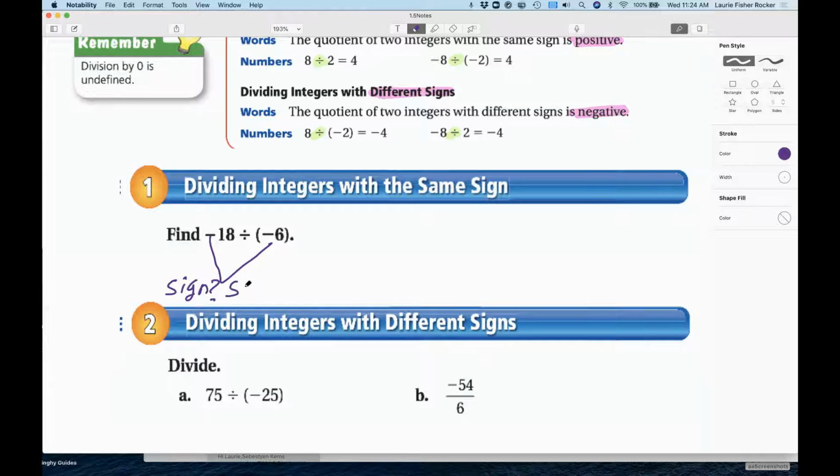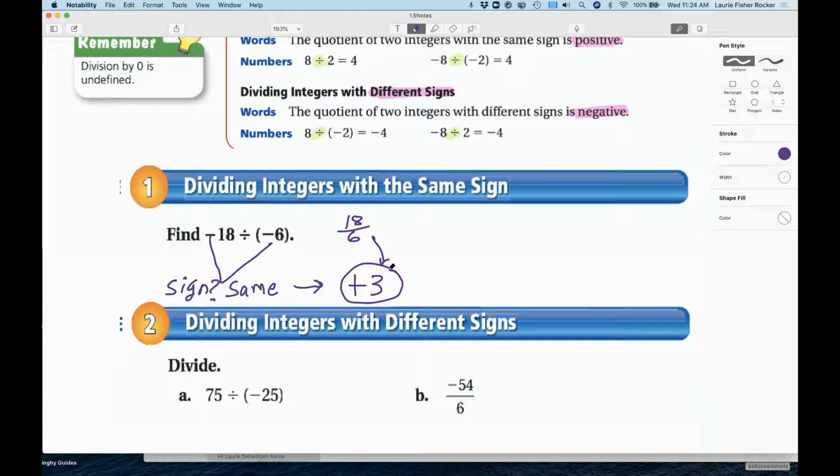Well, these are the same sign, so the result will be positive. That's the first thing that we do. And then the second step is to do the math. What are we doing? We're dividing integers. We've determined that the sign is going to be positive, so we're just simply going to do 18 divided by 6 is 3. So our result will be positive 3.